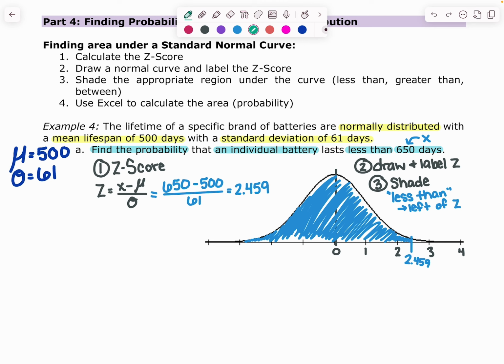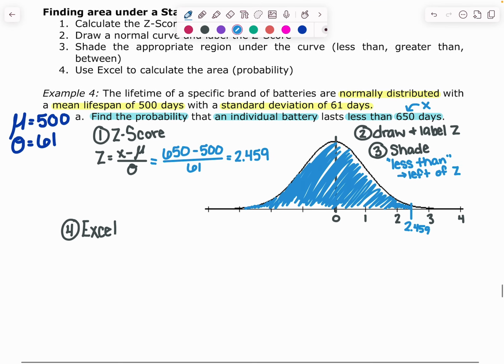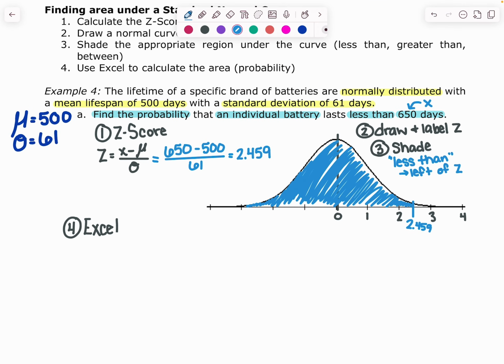And now I'm going to go into step 4, which is to use Excel. So when I use Excel to find the area, I am going to go into Excel in a second, but I'm going to write down what I'm going to do in Excel first. In Excel, this is what I'm going to type.